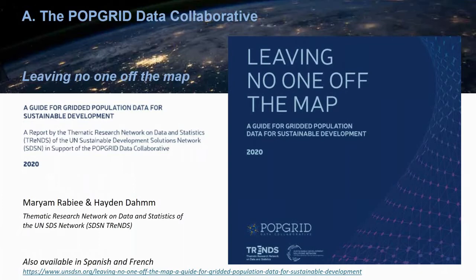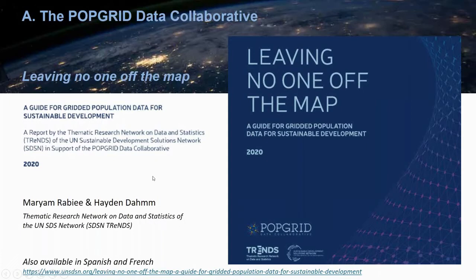There's a very interesting publication that came out in 2020 that we can recommend for users who are interested in using population grids. It has been published by Mariam Rabier and Hayden Dahn of the Thematic Research Network on Data and Statistics, as you can see in this slide.